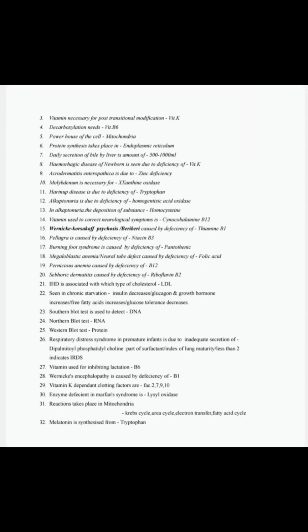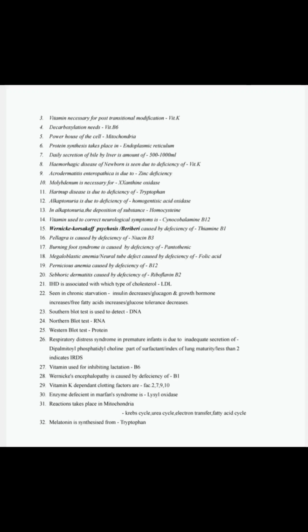The Krebs cycle, electron transport chain and fatty acid oxidation all take place in mitochondria. Only glycolysis takes place in the cytosol. Melatonin is synthesized from tryptophan, and we discussed another point about tryptophan, so do not mix these 2 points.